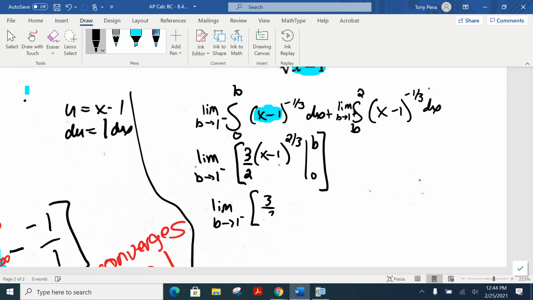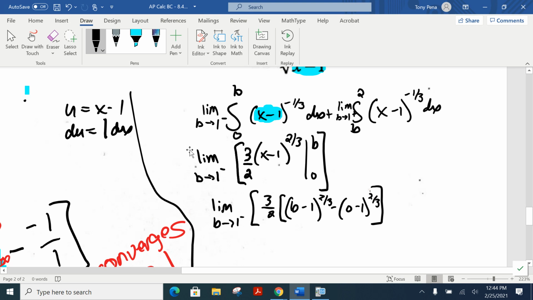So I'm going to get b minus 1 to the 2/3 minus 0 minus 1 to the 2/3. This one here, understand our exponents. This is the cubed root of a negative 1 squared. So a negative 1 squared is a positive 1. I would be taking the cubed root of a positive 1. So this works out nicely to be just a 1.